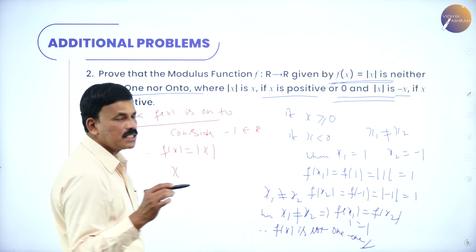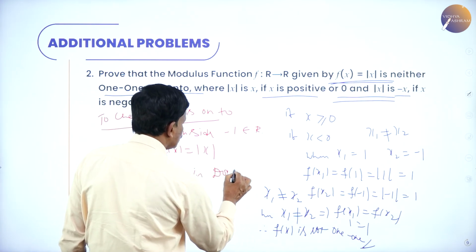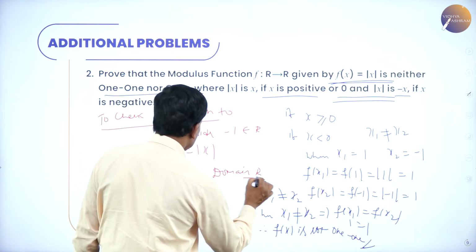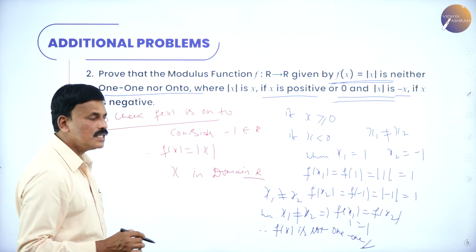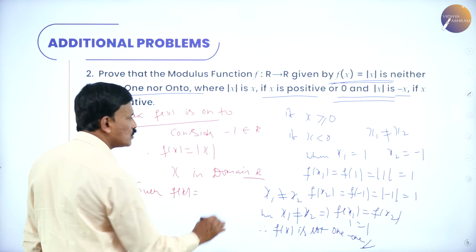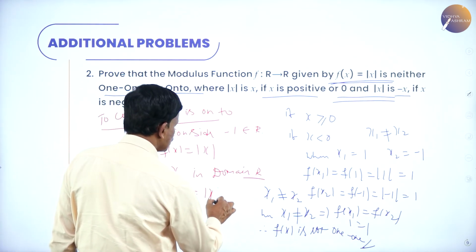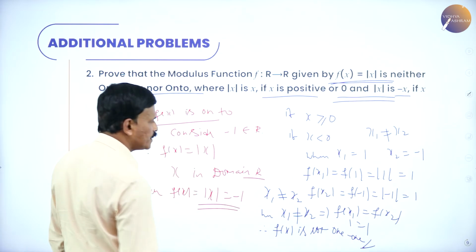Hence there does not exist any element x in the domain R such that f of x, which is mod x, is equal to minus 1.